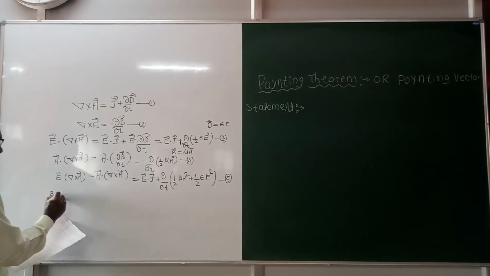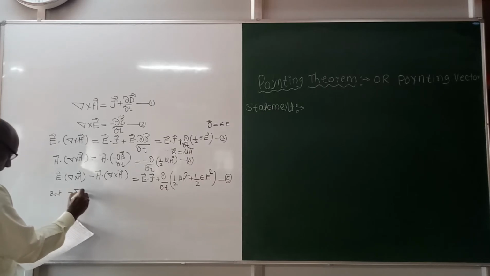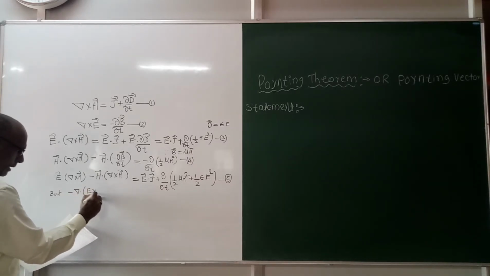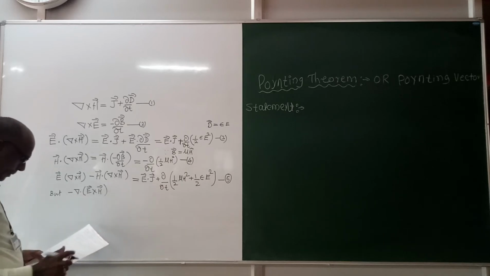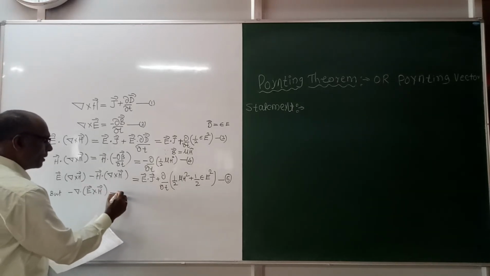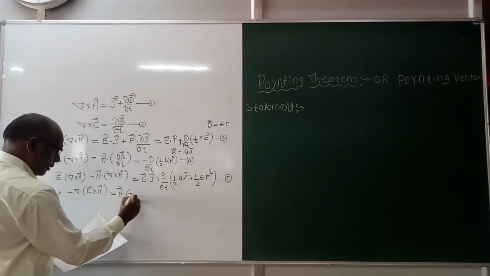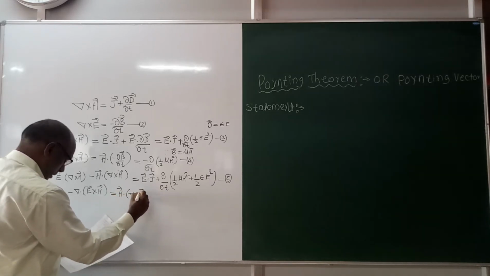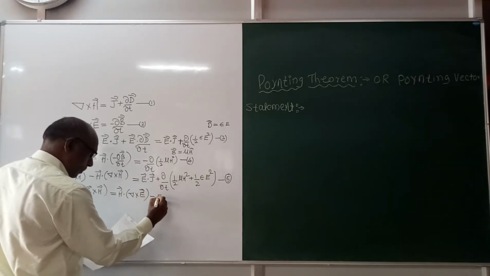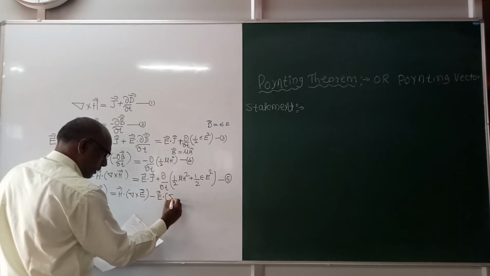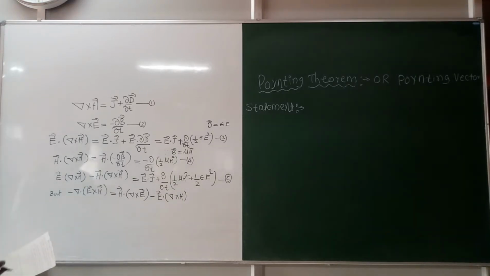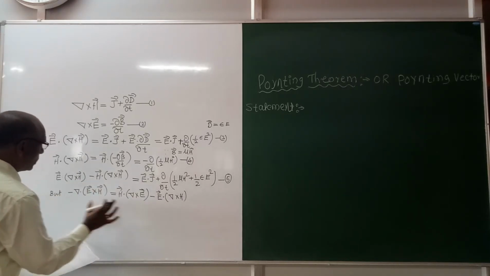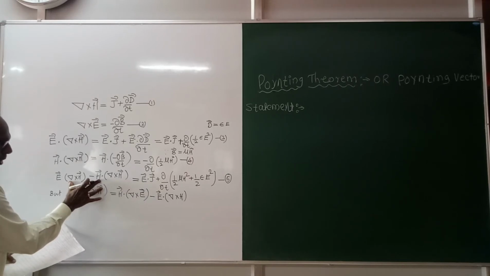So using this, I can show del dot E cross H, which is equal to H dot del cross E minus E dot del cross H. This is equation number 5.